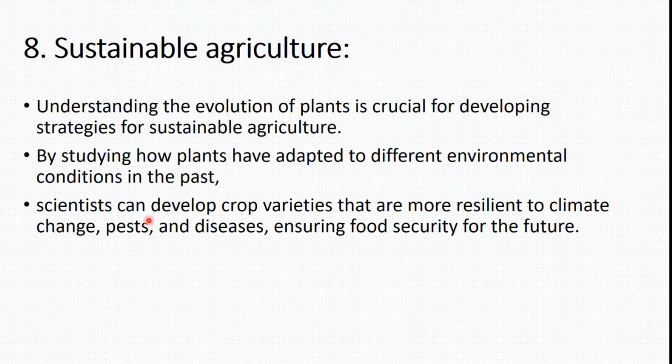So scientists can develop crop varieties that are more resilient. When they're more resilient, you can advise how these plants can be resilient to pests, to diseases, so that there could be a surety that those plants are more resilient to withstand those pests or climate change.